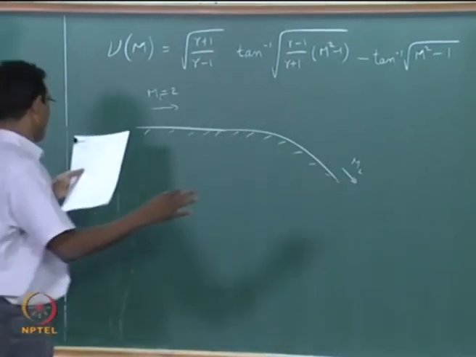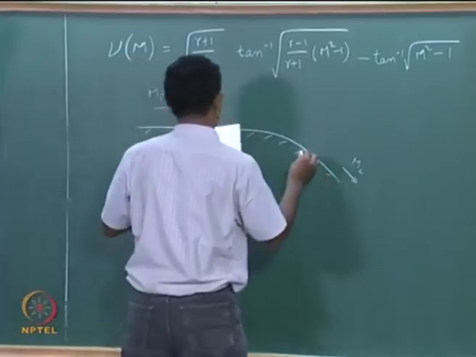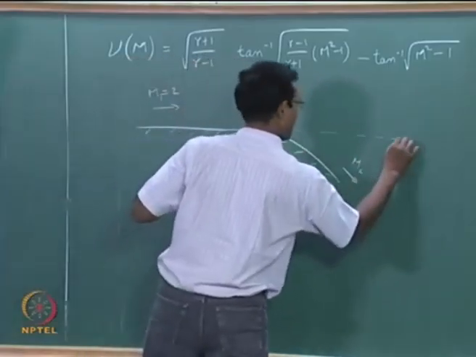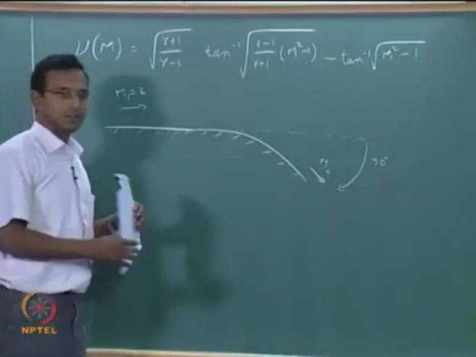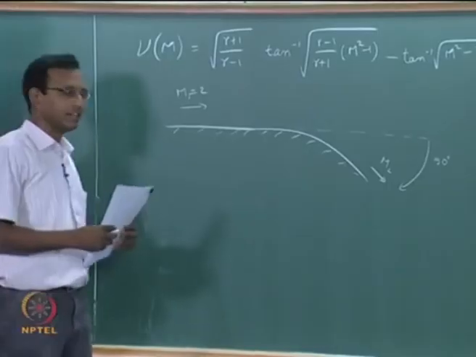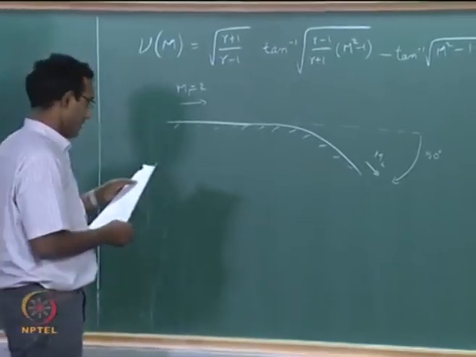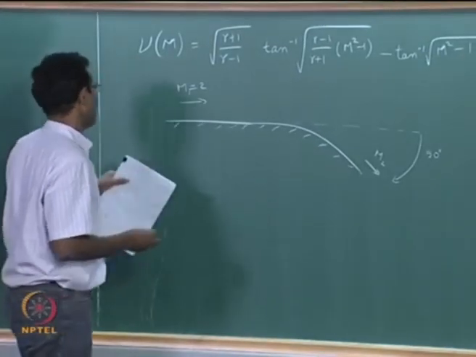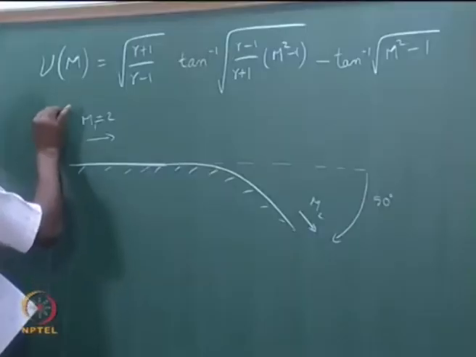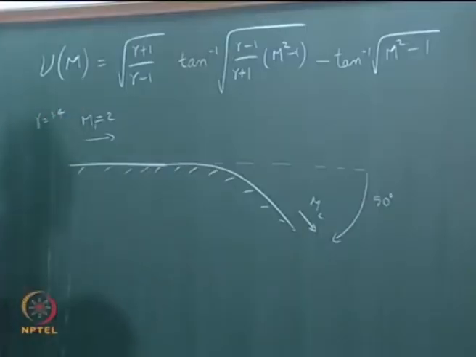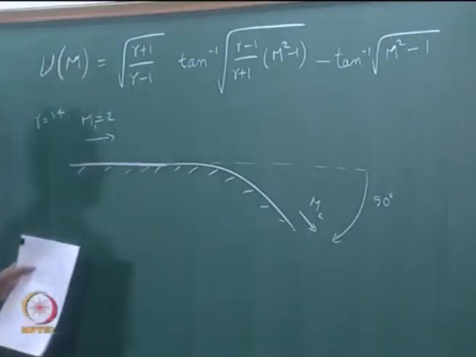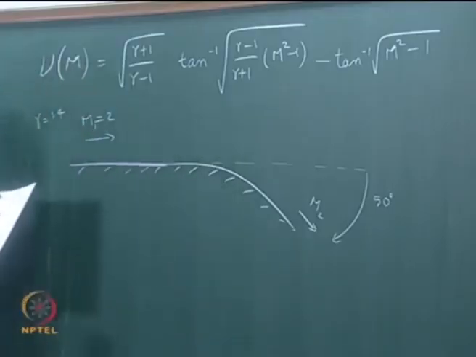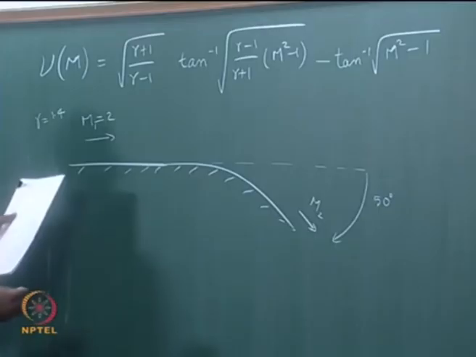The net turn I am giving for this flow is 50 degrees. I am telling you that this is air, gamma equal to 1.4. We want to find the final Mach number I am going to achieve. We gave the formula last time, now we just have to work through it with the same formula which we discussed.